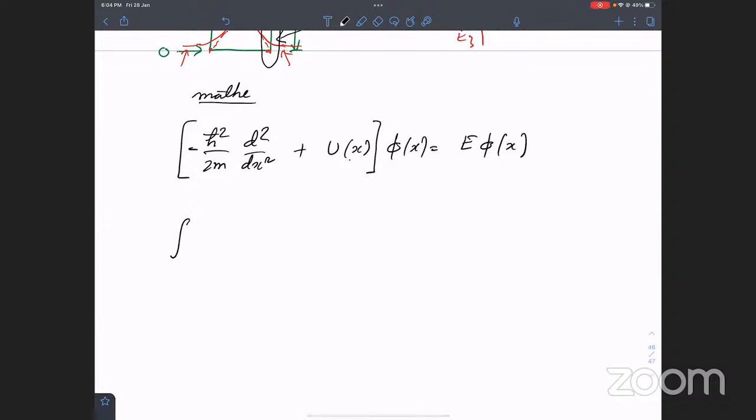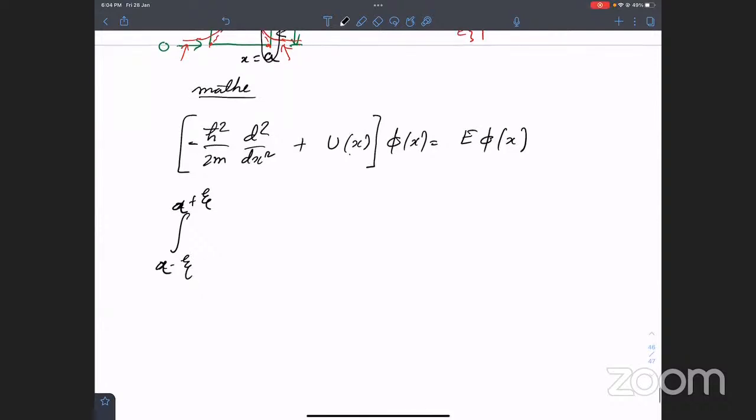So I'm going to integrate at some position x, from x minus zeta to x plus zeta. Maybe I'll do a minus zeta to a plus zeta, because x is a.